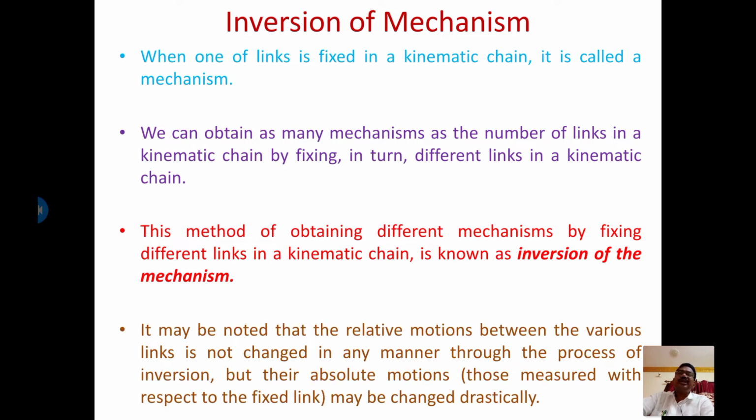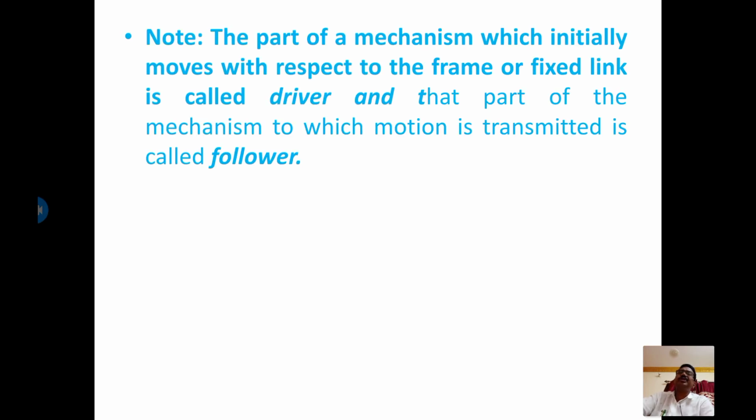Now, the relative motion between the various links is not changed in any manner through the process of inversion. The relative motion does not change, but the absolute motion may change drastically. Each link's absolute motion may be different, but relative motion will not be changed.